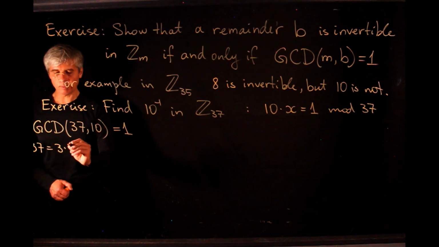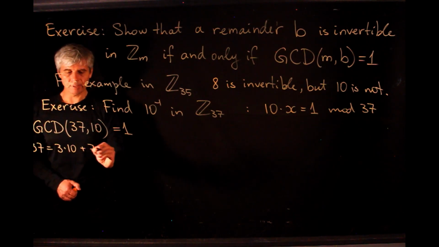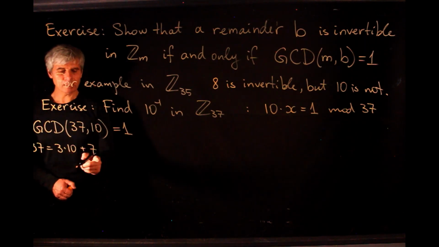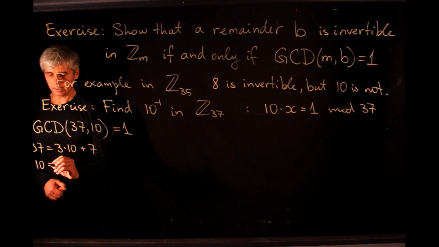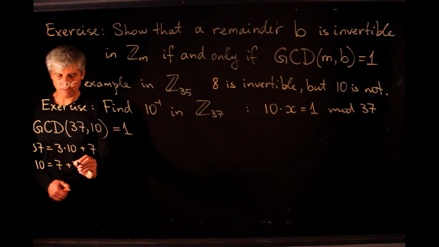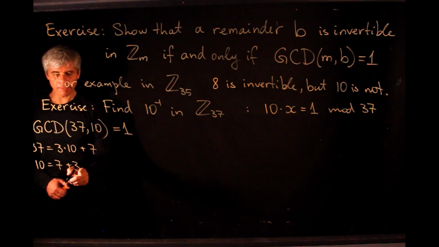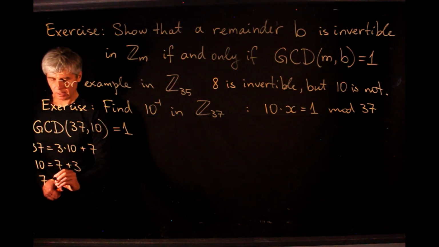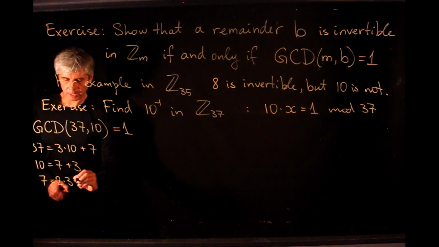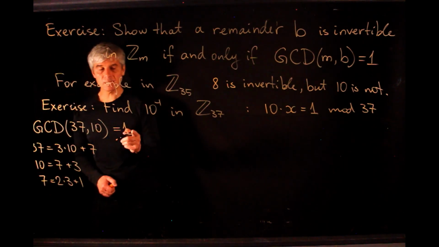So this is 3 times 10 plus 7. Then we take 10 and divide by 7 with the remainder. 10 is 7 plus 3. And then we take 7 and divide by 3 with the remainder. 7 is 2 times 3 plus 1. And 1 is the GCD that we seek.